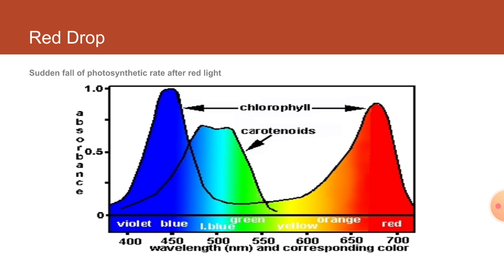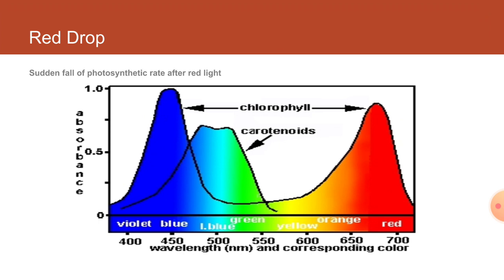This visible region shows 7 different colors, shortly and popularly known as VIBGYOR, ranging from violet, indigo, blue, green, yellow, orange, and red. If you observe the rate of photosynthesis at different wavelengths and different lights, the graph would be like this, as you all see in the slide.